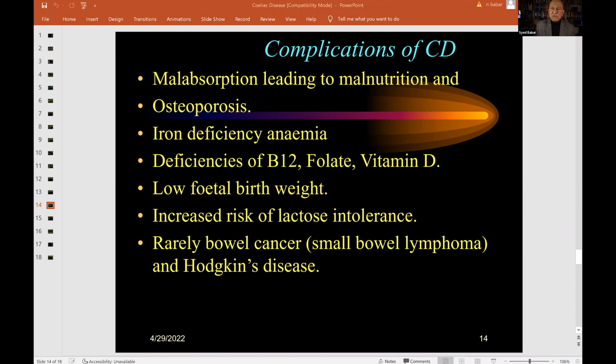What would be the complications of celiac disease? Untreated, that means the gluten intake goes on, will lead to malnutrition and osteoporosis, iron deficiency, anemia, deficiencies of B12, folate, vitamin D, and in a pregnant woman, it would lead to low fetal birth weight and increased risk of lactose intolerance.